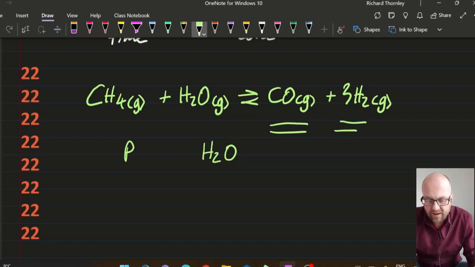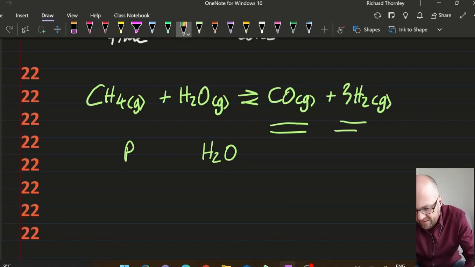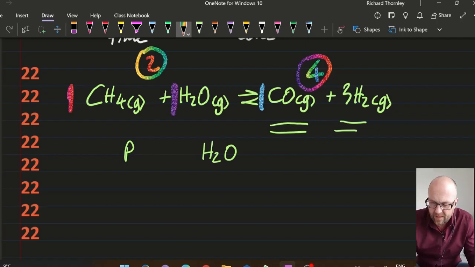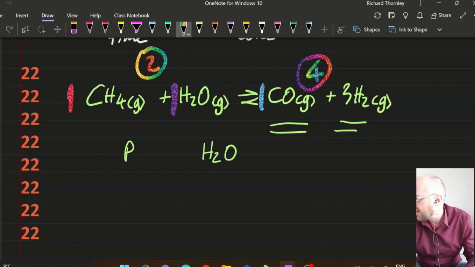Well, if I increase the pressure, it will favor the side with the fewest gas particles. And I can see that on this side there are 2 gas particles, but on this side there are 4 gas particles. So if I increase the pressure, so I have to decrease the pressure. If I decrease the pressure, it favors the side with the most gas particles. So the pressure has to be halved.